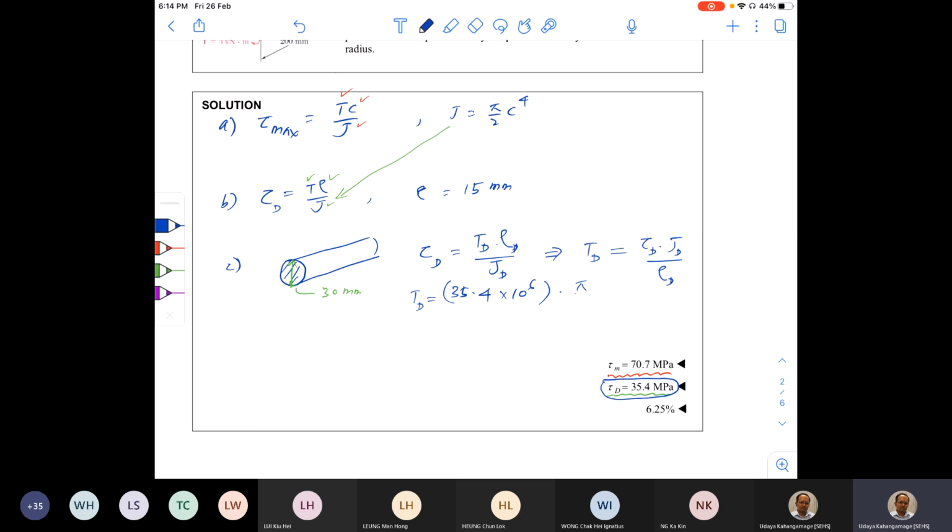Therefore, it is pi by 2 into 0.015 to the power 4. This is Jd divided by rho d. Rho d is the radius, which is 15 millimeters.